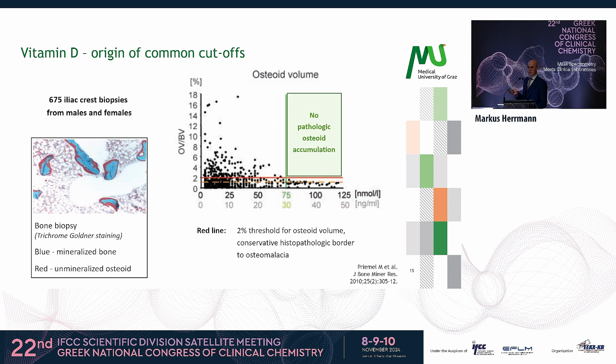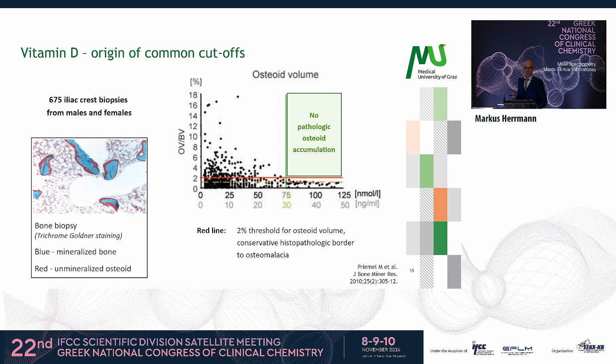So above 75 nanomoles per liter of 25-hydroxyvitamin D, which is the preferred cutoff of the endocrinologists, not a single subject in this study presented with osteomalacia. Below this cutoff, the number of individuals with osteomalacia increases with decreasing concentrations of 25-hydroxyvitamin D. However, the vast majority of individuals with low 25-hydroxyvitamin D concentrations have no or adequately calcified bone tissue, so no evidence of osteomalacia.